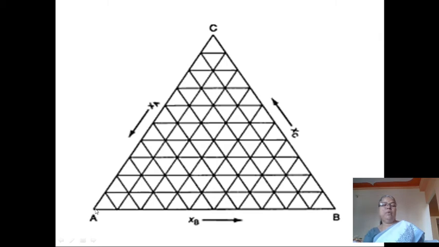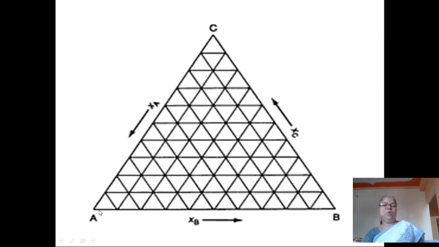Here we have component A 100%, here component B 100%, and here component C 100%. While A is 0 here, B is also 0 here.